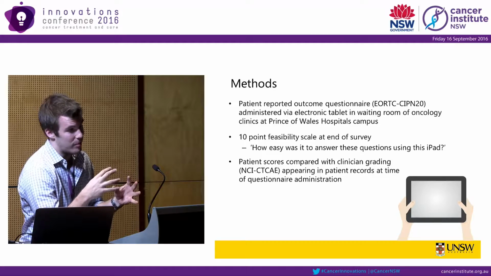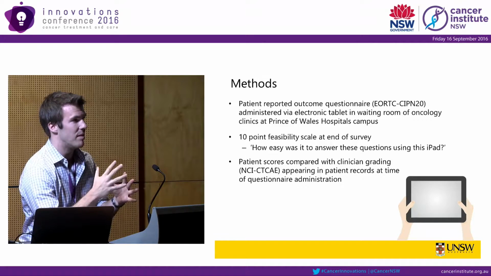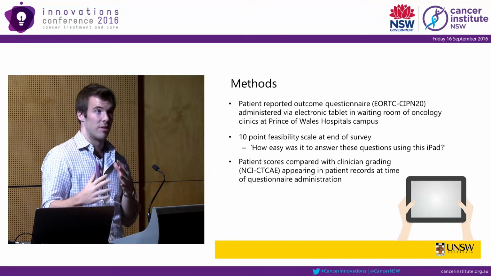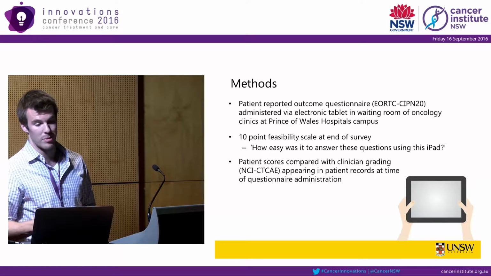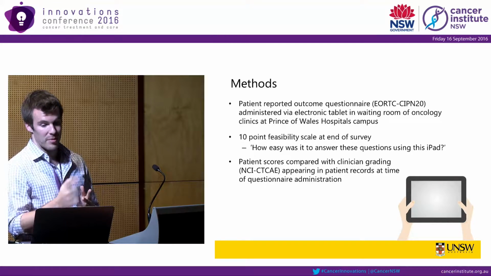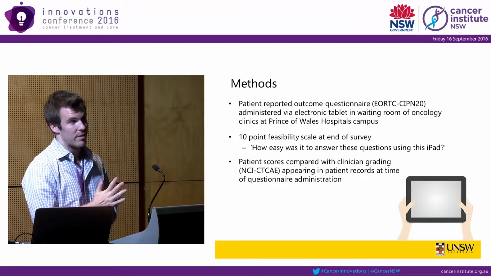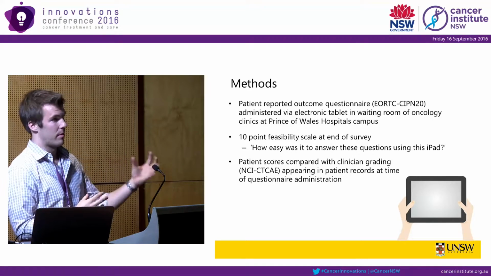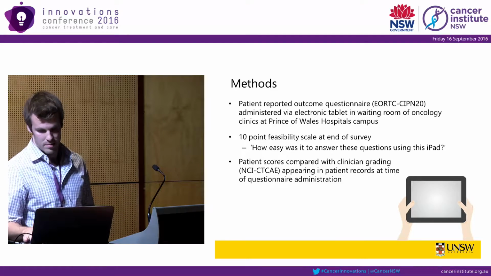We had a 10-point feasibility scale at the end of the survey, in which patients were asked, how easy was it to answer these questions using this iPad, on a scale of 1 to 10, with 1 being not easy at all and 10 being extremely easy. Patient scores from the CIPN-20 were then compared with clinician grading appearing in patient records at the time of questionnaire administration to look at patient versus clinician grading of the neuropathy symptoms.